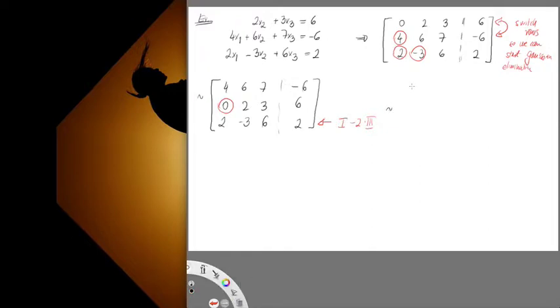So let's do that. If I do that operation, can you keep helping me here? So 4 minus 2 times 2, that is 0, as desired. 6 minus 2 times minus 3, that is actually 12. 7 minus 2 times 6 is 7 minus 12, minus 5.